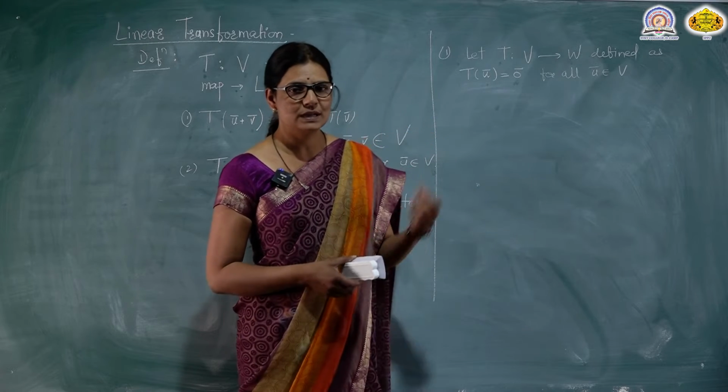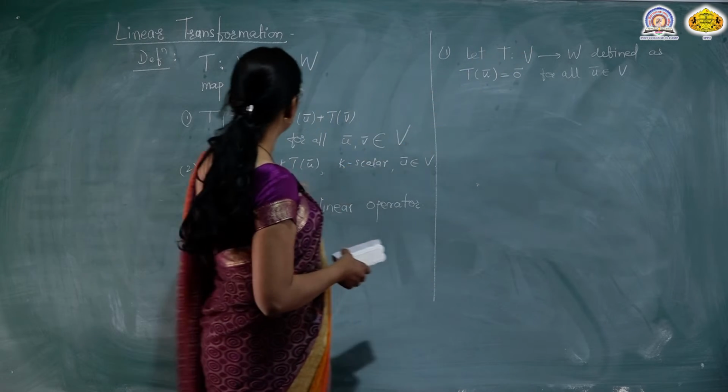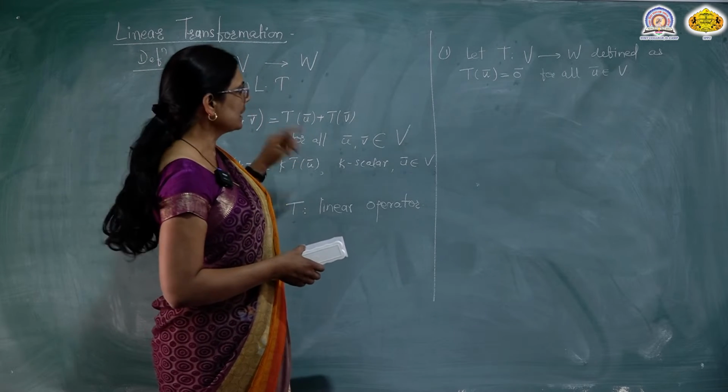Now let us see how to show that. It is a linear transformation means it satisfies both the properties, first as well as the second property.